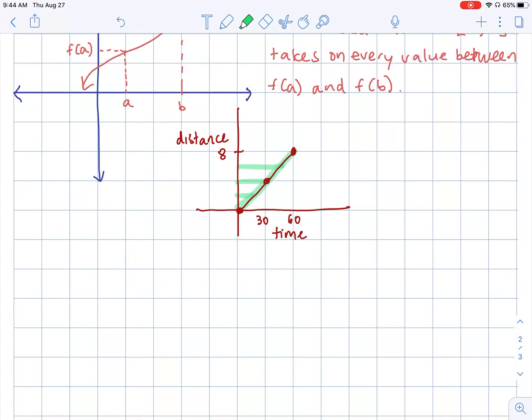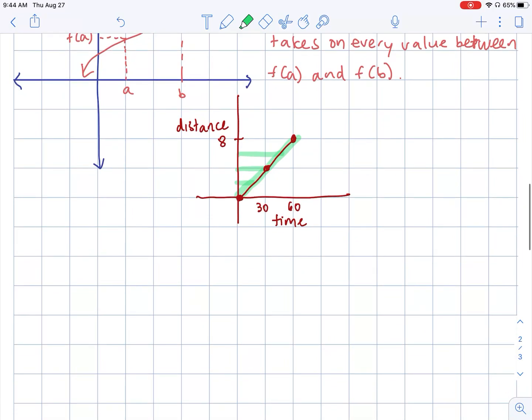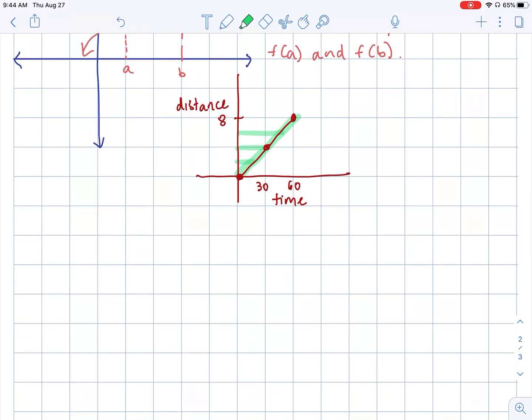All the lengths between 0 and 8, given that this is a continuous function, which it is, we can conclude it must take on every single value between 0 and 8. We must have gone 1 mile before we went to 2 miles, before we went to 3, all the way on to 8. And so that's a physical representation of the intermediate value theorem.